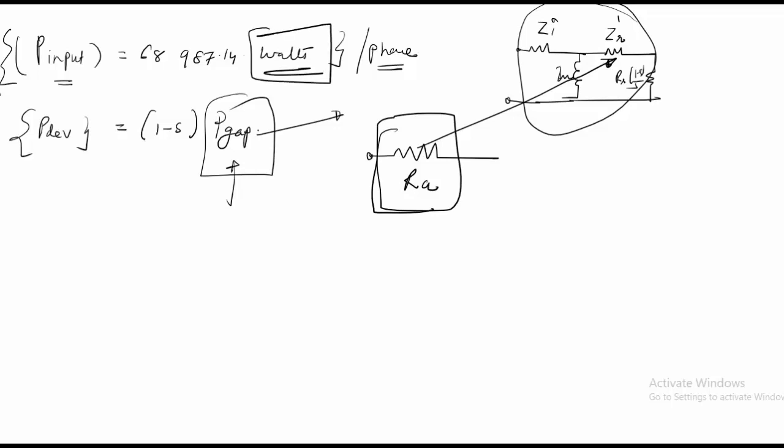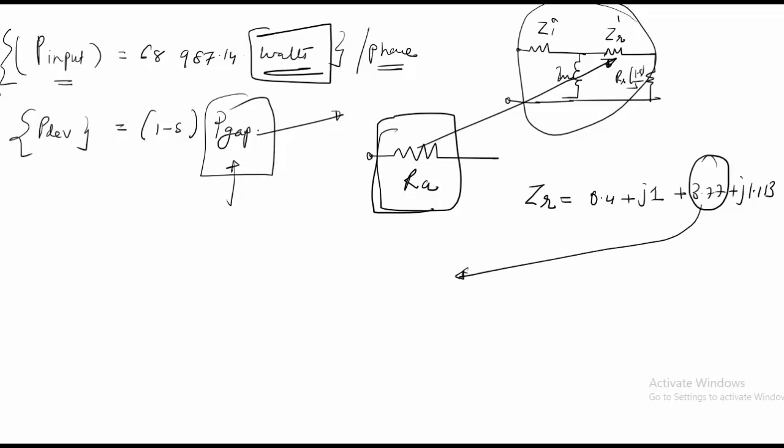So if you consider the equation of the impedance, which was written as 0.4 plus J1 plus 3.77 plus J1.113, the power across this resistance will be your power across the gap.